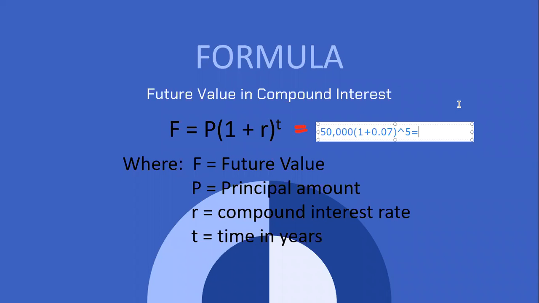Times the 50,000 pesos. Ayan. Pareha sila ng lumabas, ano? Yes po. Ayan. 70,000 something. Ilan nga yun, Miko? 70,127.59. Okay, rounded.